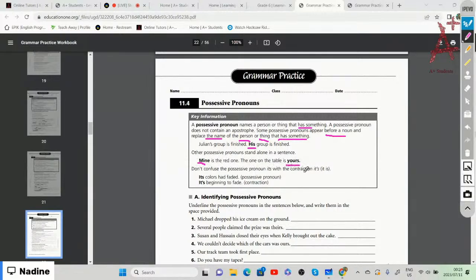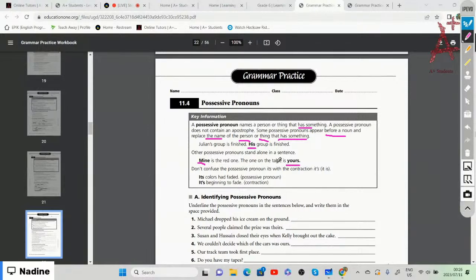And remember, do not confuse the possessive pronoun its with the contraction of it is, which is it apostrophe s. That basically stands for it is. So its without the apostrophe is a possessive pronoun.